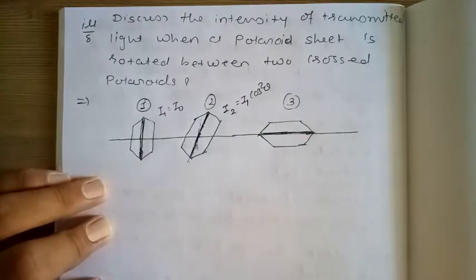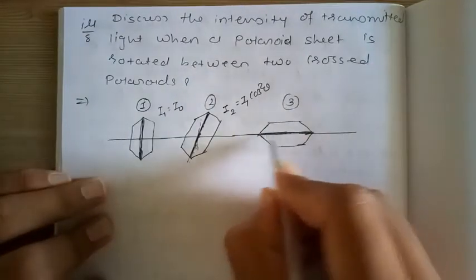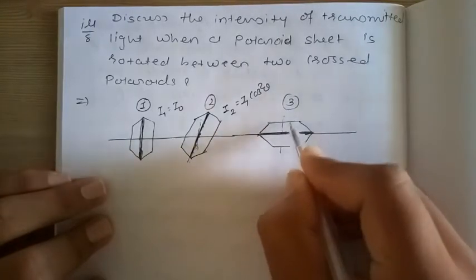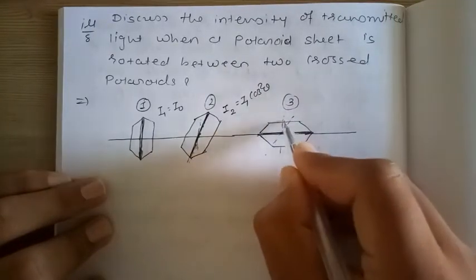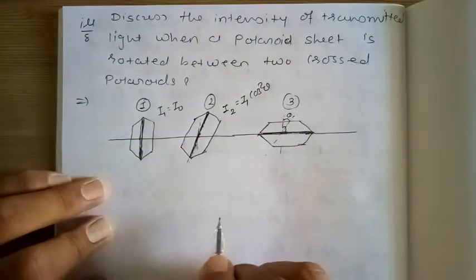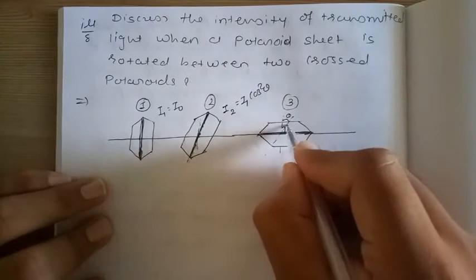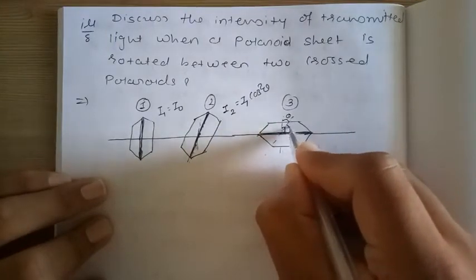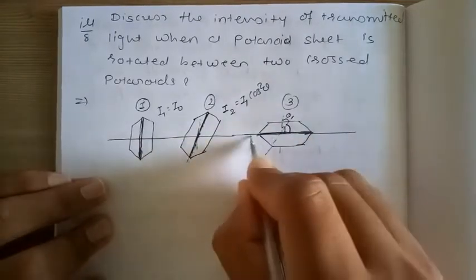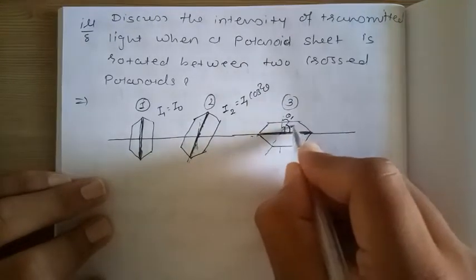Right. Now see here, for the third one, this is Polaroid 1, this is Polaroid 2. Here the angle is theta, and the total angle is pi by 2, right? This is the pass axis of Polaroid 2 and this is the pass axis of Polaroid 3.